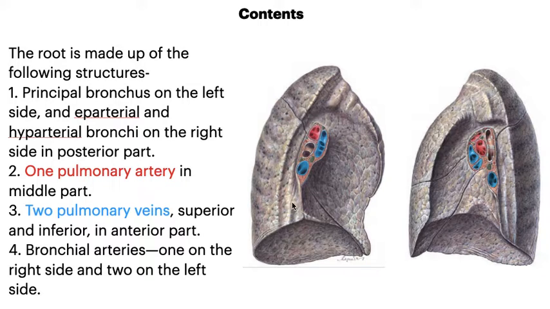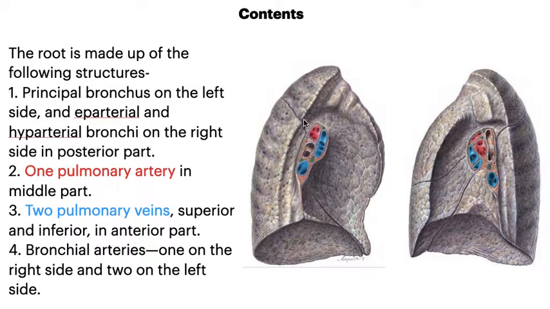The root is made up of the following structures: the principal bronchus on the left side, the eparterial and the hyparterial bronchus on the right side in the posterior part.